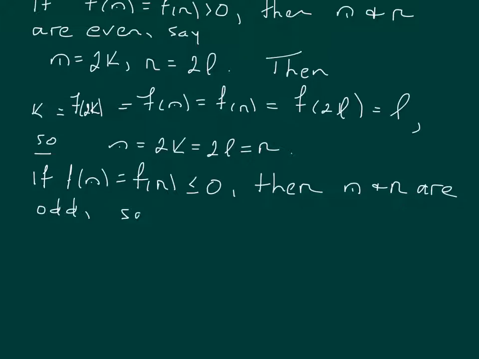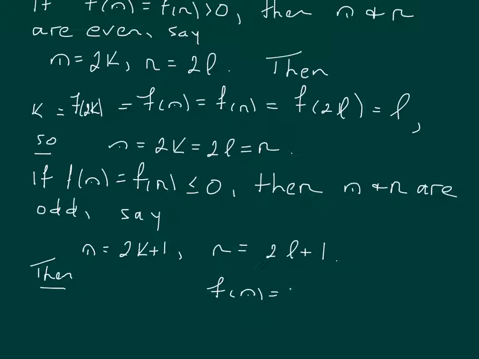All right, so say m is equal to 2k plus 1, and n is equal to 2l plus 1 for some k and l greater than or equal to 0. But then, what do we know? Well, again, we're assuming f of m is equal to f of n.